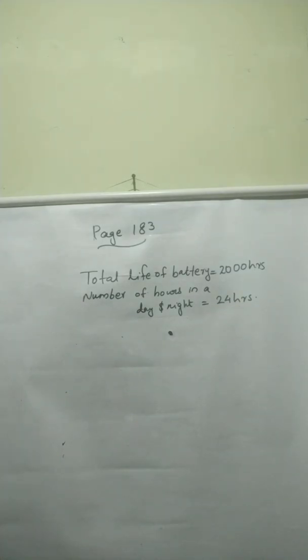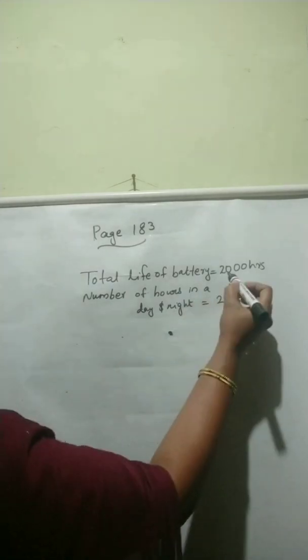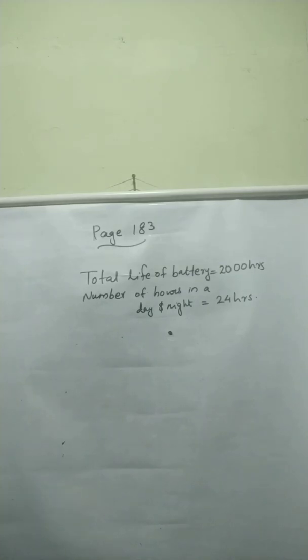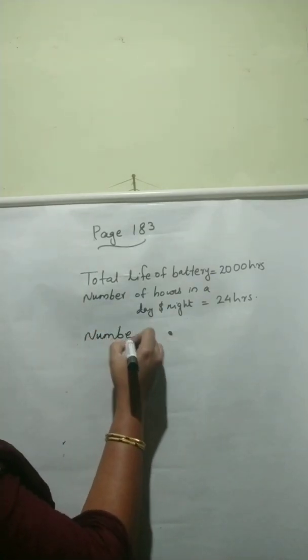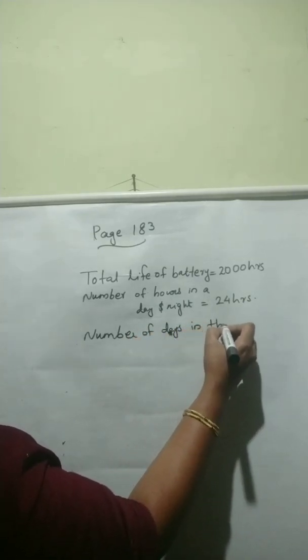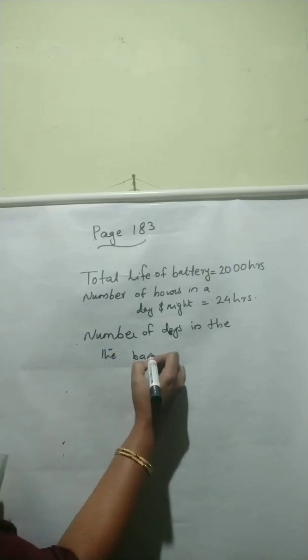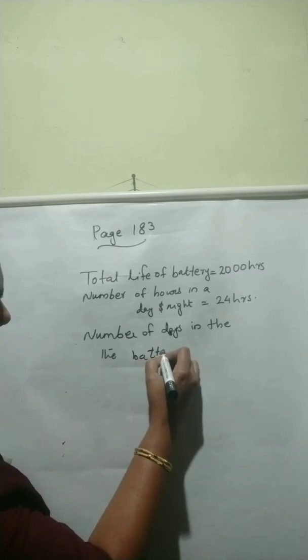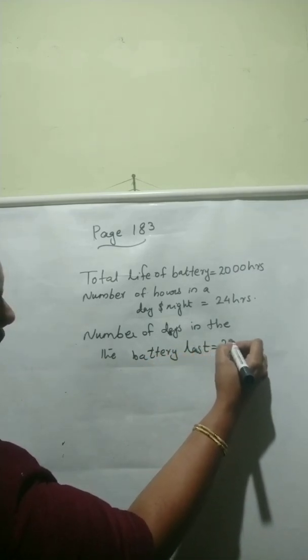Then number of days the battery lasts. We know that 2000 hours is the total life of the battery. So we can write the next step as number of days the battery lasts is equal to 2000.